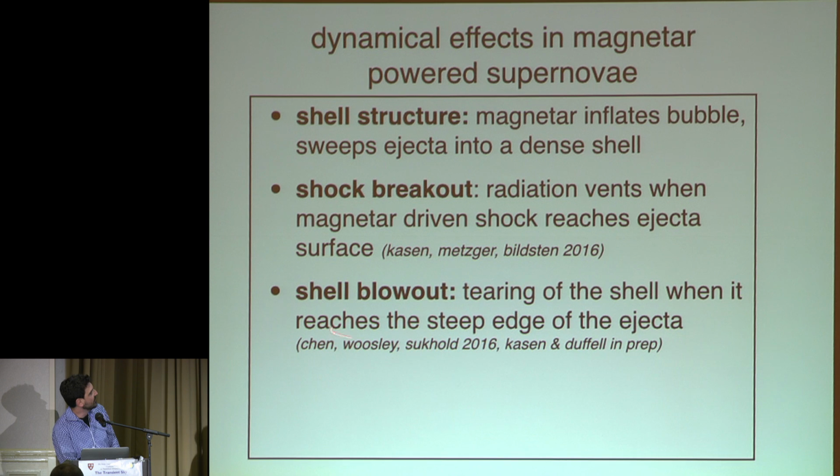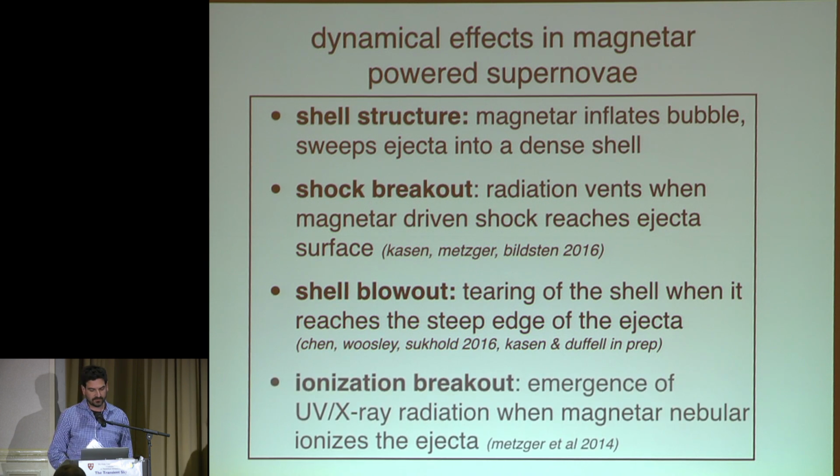If the magnetar really sweeps up almost all the ejecta and goes to the outer edge, you might have what I'd call shell blowout. That is, the whole shell gets kind of torn apart and broken up in a way that maybe some of the energy can leak out. And then, as mentioned before, the inner parts of the magnetar nebula are really this hard radiation, X-rays, and so on.